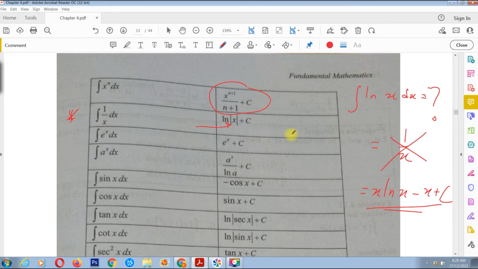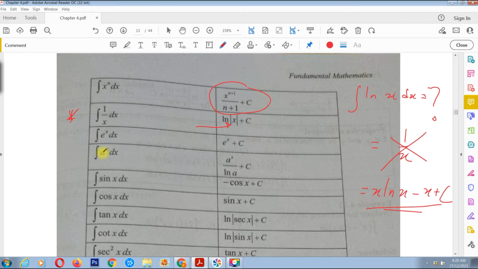It is similar to log, but usually we use ln, base e. Integrate e to the x, we get e to the x.